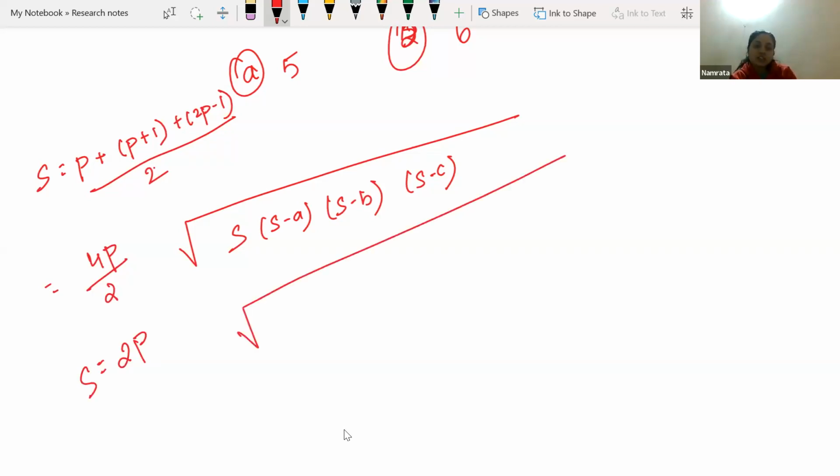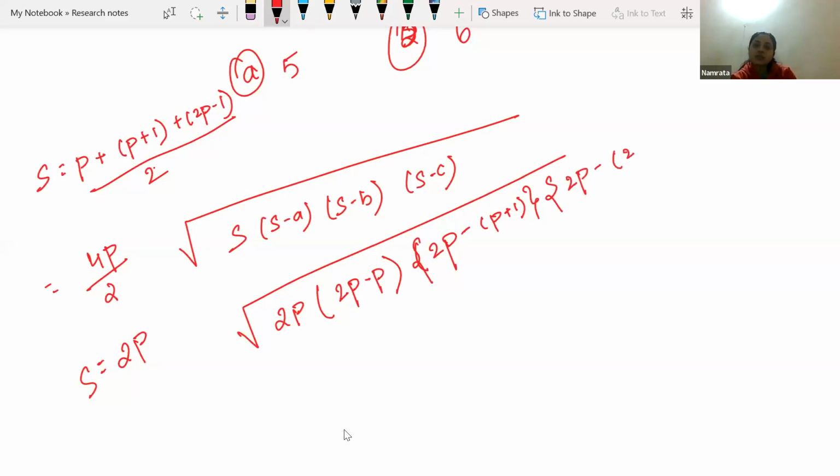Now S is 2P, S minus A, that means 2P minus the first side P, then S minus B means the other side P plus 1, then S minus C, that means 2P minus the other side, that is 2P minus 1.